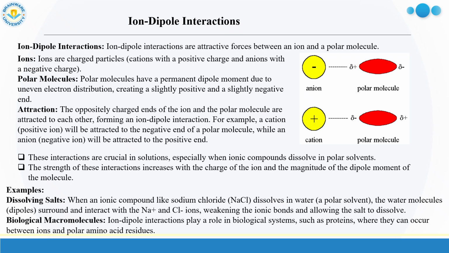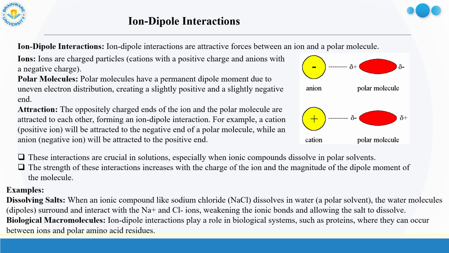These interactions are crucial in solutions, especially when ionic compounds dissolve in polar solvent. The strength of these interactions increases with the charge of the ion and the magnitude of the dipole moment of the molecule. So when an ionic compound like sodium chloride dissolves in water, the water molecules surround and interact with the Na+ and Cl- ions, weakening the ionic bonds and allowing the salt to dissolve.